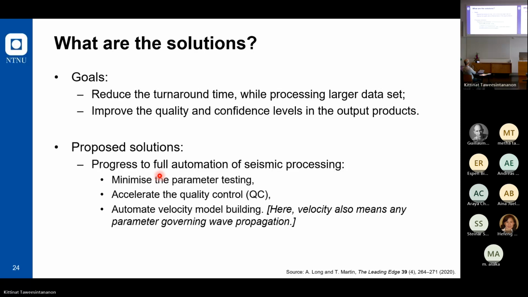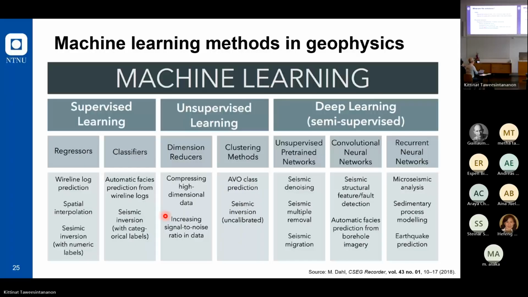The proposed solution is to progress to full automation of seismic processing. How? By minimizing the parameter testing, accelerating the quality control process, or automating velocity modeling. When I talk about velocity, it doesn't mean only the seismic velocity; I also mean any parameter governing the wave equation or wave propagation.